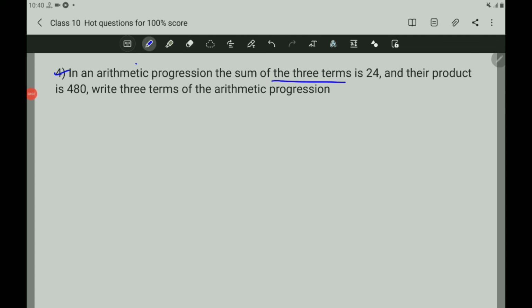The sum of three terms. Here it is not given that the three terms are the first three terms. So the three terms are consecutive terms.